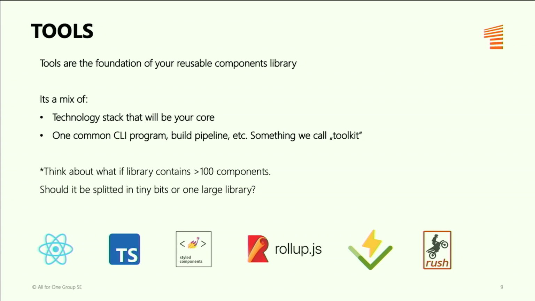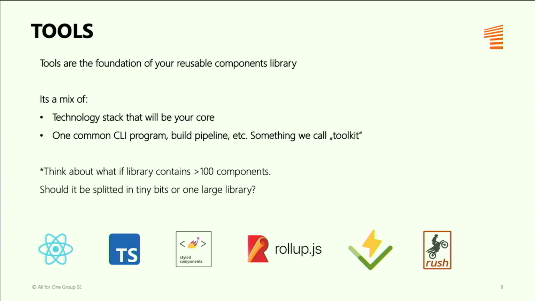The second thing is to prepare one common CLI program or build pipeline, something we call the toolkit. The toolkit should be a separate package with configurations, build dependencies, and configurations for your bundlers if you use them.